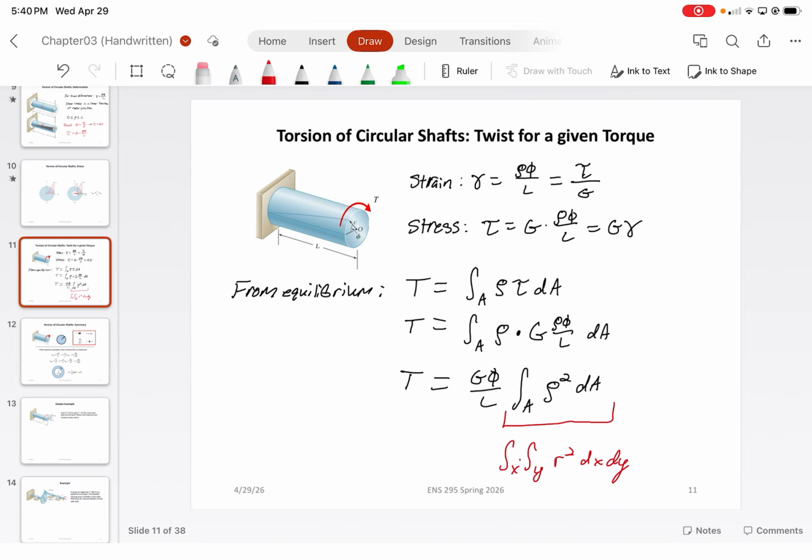But there's one small issue with that: due to twisting and the way the equation is formatted, we call this the polar moment of inertia. Have you guys heard of that before? This is sometimes referred to as a term J, which is equal to the polar moment of inertia.